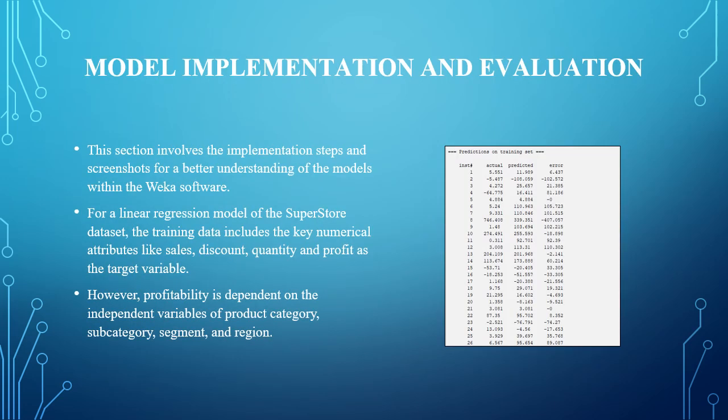The model implementation and evaluation selection involves two implementation steps, with screenshots for better understanding of the model within the Weka software. For the linear regression model of the Superstore dataset, the training data includes key numerical attributes: sales, discount, quantity, profit, and so on.